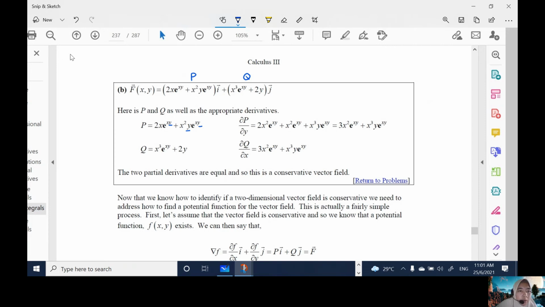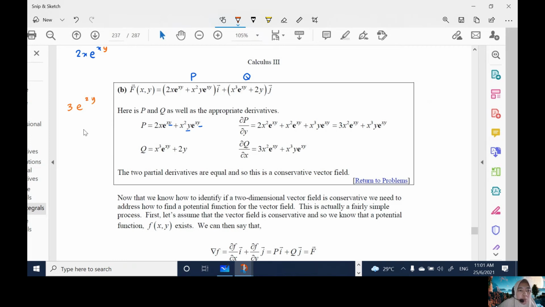Okay, we want to differentiate 2x e to the power xy with respect to y. I am using a different color to differentiate. The blue one we can assume as a constant. e is the function, so 2x and x are assumed as constants. y is the variable that we want to differentiate. You can assume how to differentiate something like this. Let's say we have 3e to the power 2y.